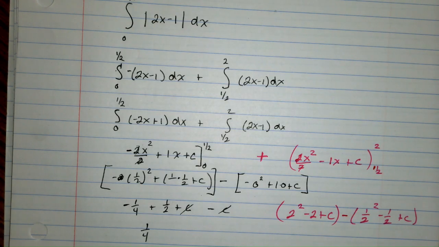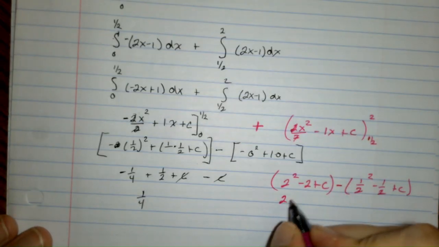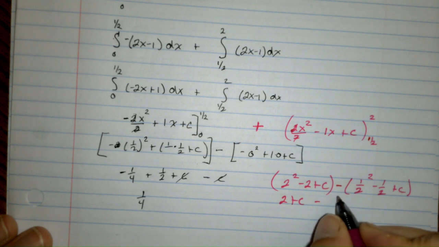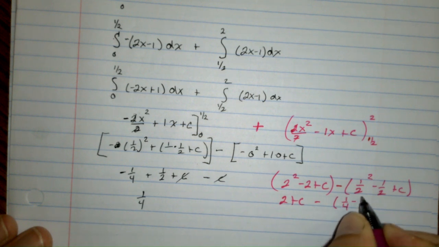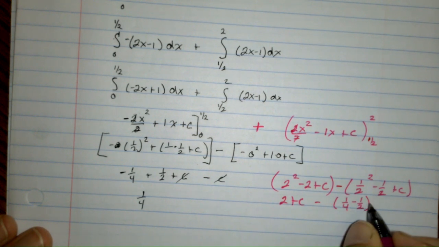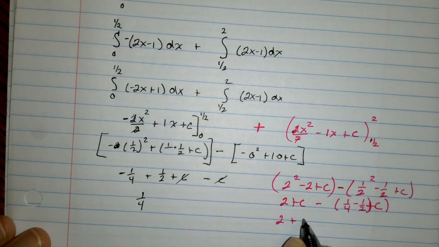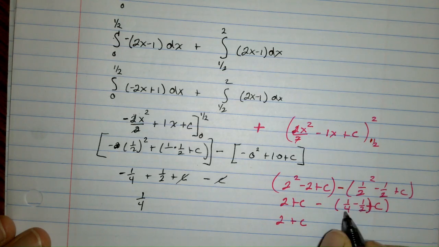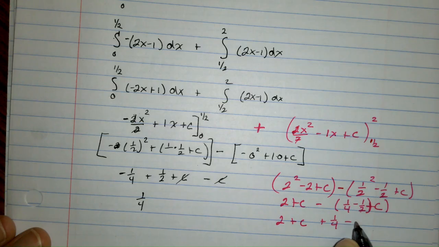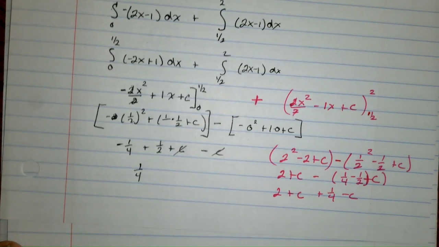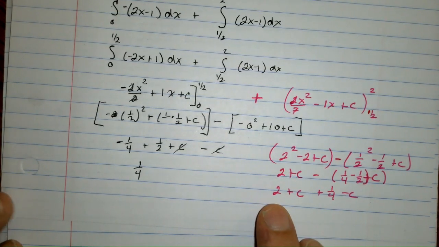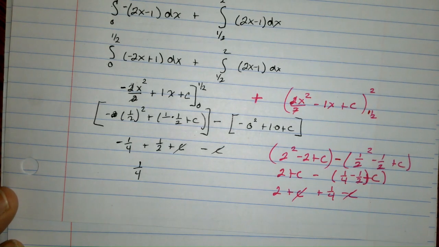So 4 minus 2 is 2, so we'd have 2 plus c minus 1/4 minus 1/2, whoops, plus c, forgot that for a second. So 2 plus c, this would be negative 1/4, but this minus would make it plus 1/4, and we'd have minus c because the negative would distribute through. So it looks like we have these c's canceling out again.